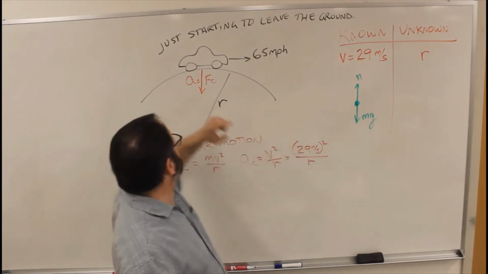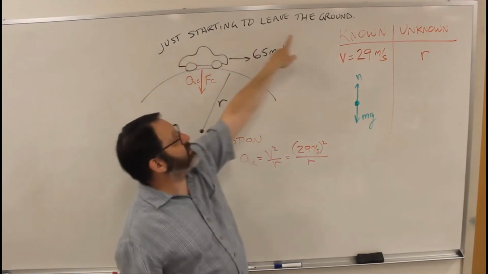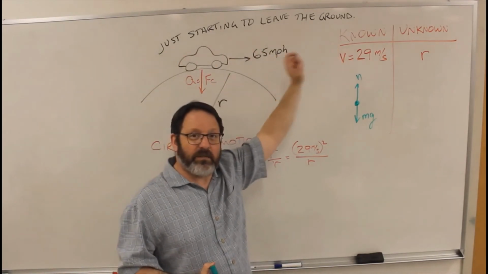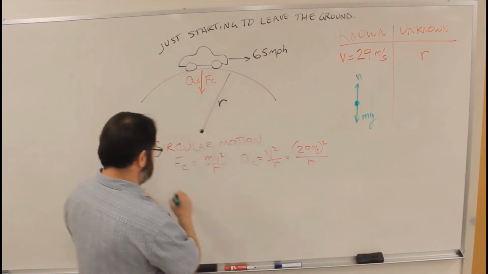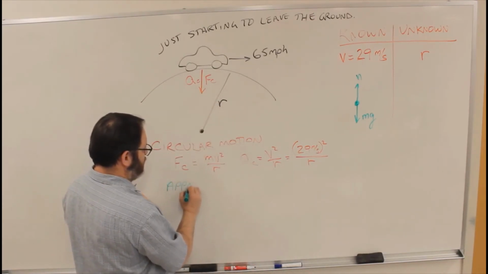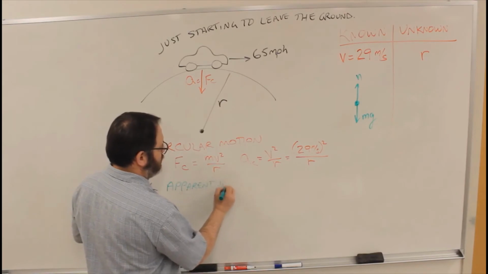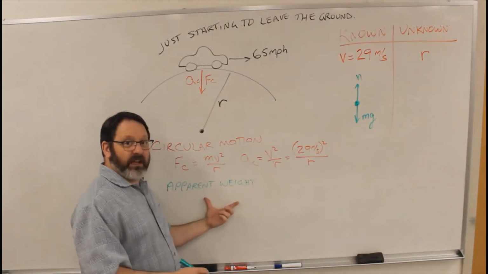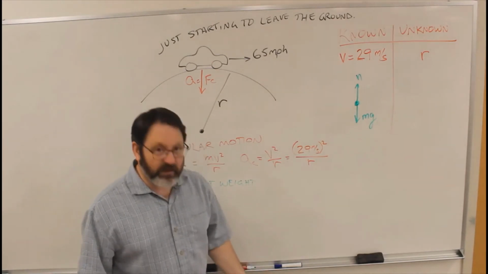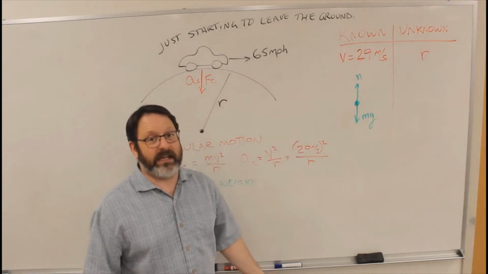What's the normal force? If you are just starting to leave the ground, what does that mean? Remember we talked about apparent weight. So apparent weight, that's how much you feel like you weigh. So if I'm standing on the ground right now, my apparent weight is the same as my weight.